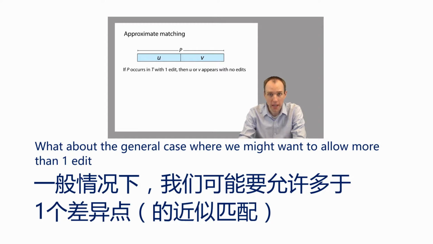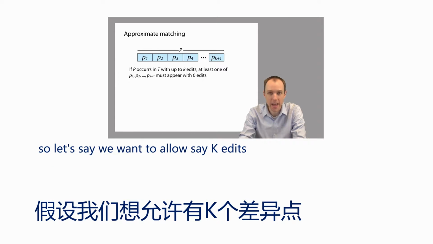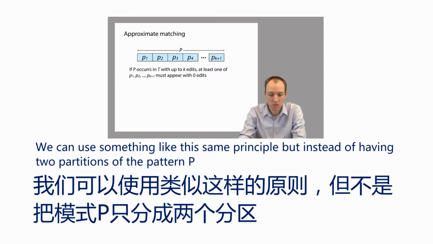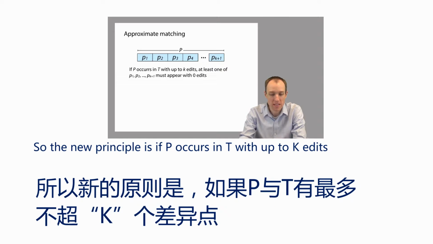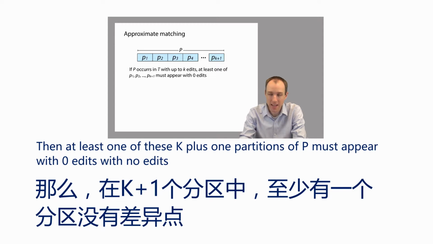What about the general case where we might want to allow more than one edit? So let's say we want to allow, say, k edits. We can use something like the same principle, but instead of having two partitions of the pattern P, we have k plus 1. So the new principle is, if P occurs in T with up to k edits, then at least one of these k plus 1 partitions of P must appear with 0 edits, with no edits.